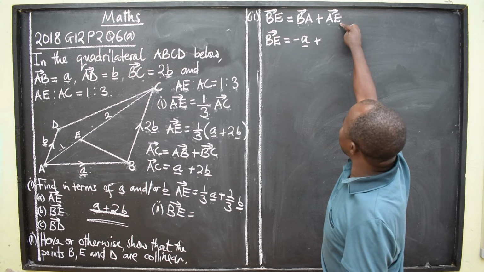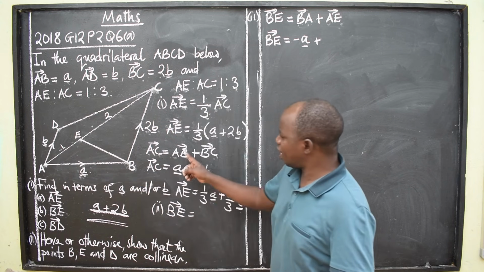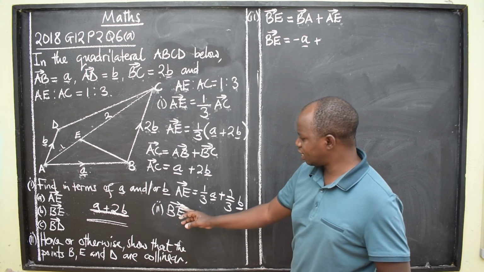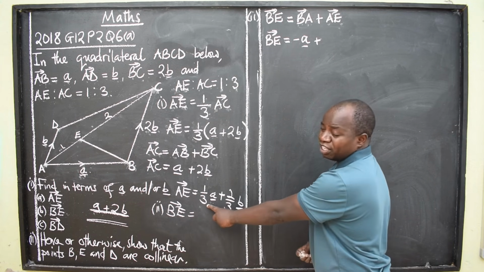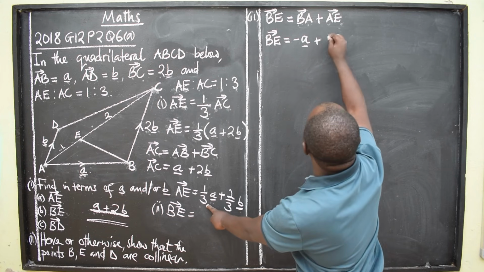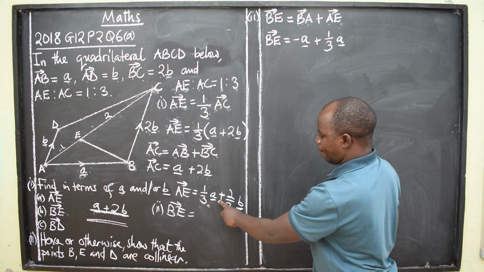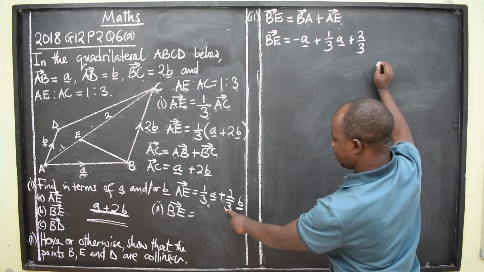Plus, what about AE? AE, it's the one that we are from calculating here. AE. Have you seen that? So AE is here, the one that we expanded. So it will be 1 over 3A plus 2 over 3B.